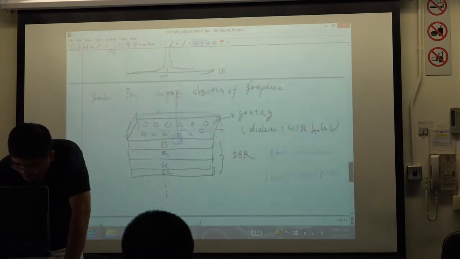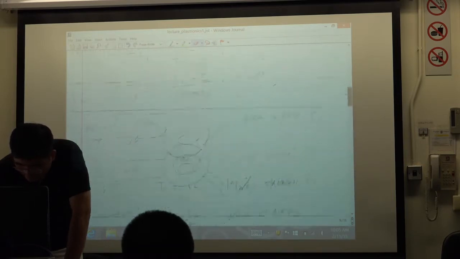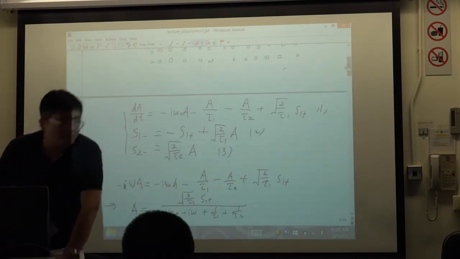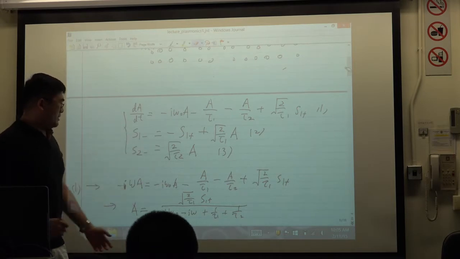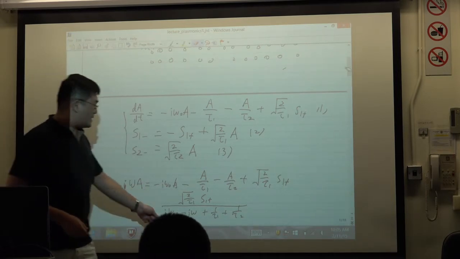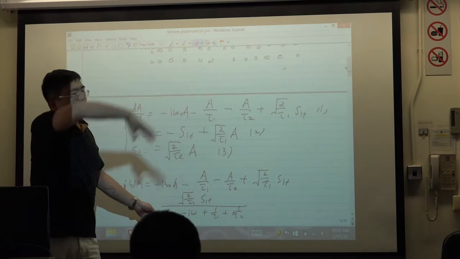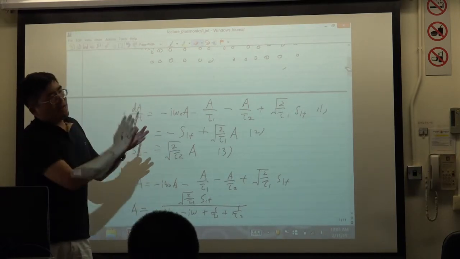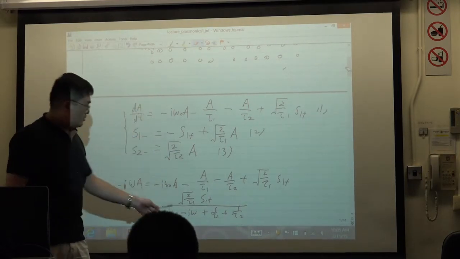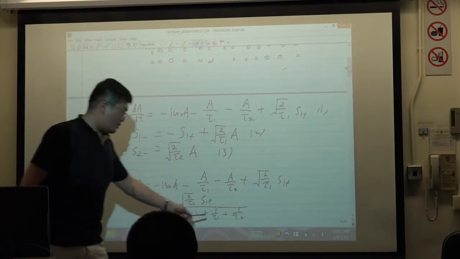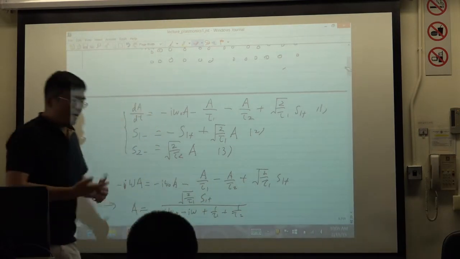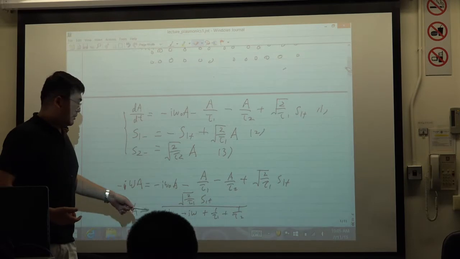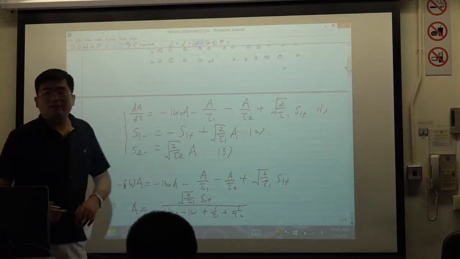I hope everyone can use this equation to fit your experimental results. It only has three unknowns. Omega 0, right? When you measure, you find some peak, it has a central frequency, so you know omega 0 directly. It only has two unknowns, tau 1 and tau 2. You can fit your experimental results with this. Very simple.